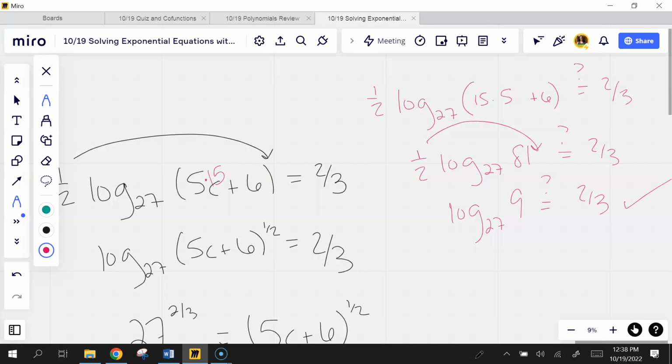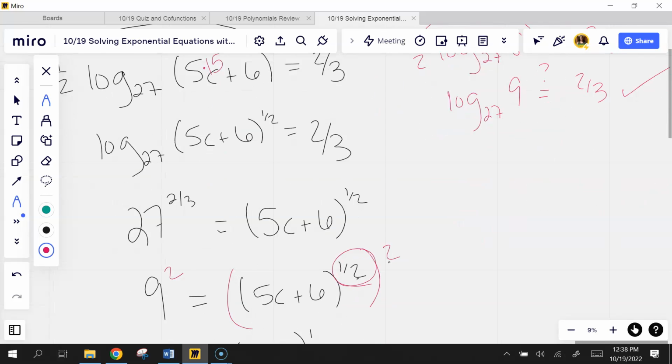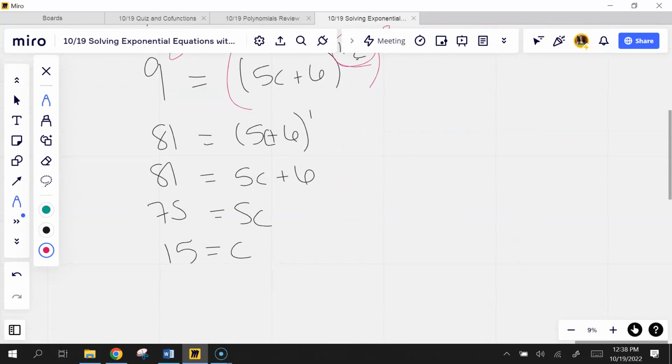If you do e to the second power equals 4u, there's literally an e button on your calculator.